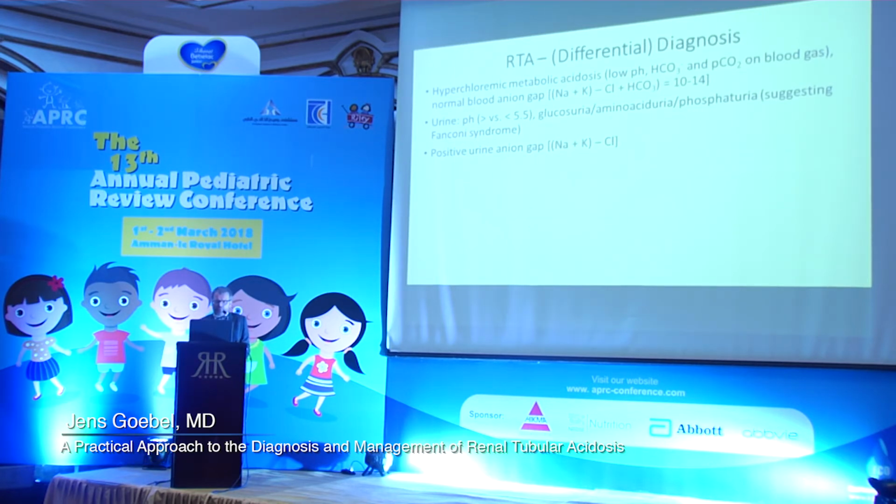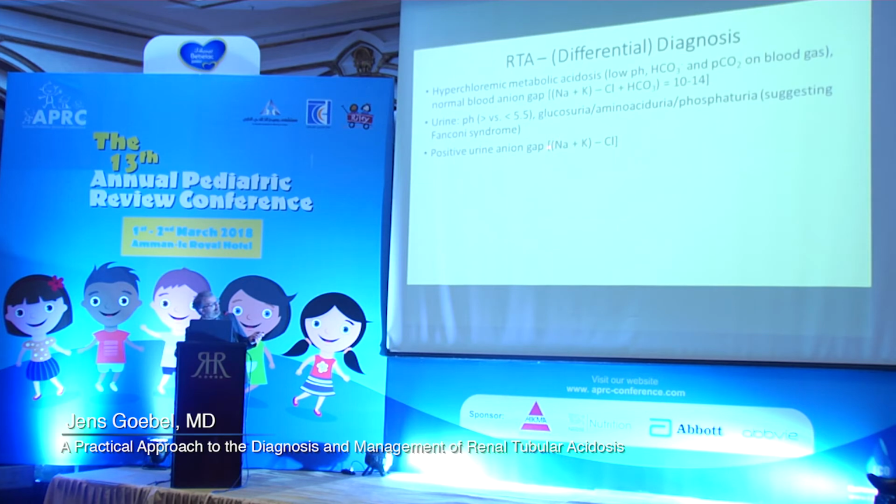The way you do this is by using the urine anion gap. The urine needs to have an equal amount of positive charges and negative charges. For a urine anion gap to be negative, meaning there is more chloride than the sum of sodium and potassium, there has to be some other positively charged ion in the urine, which happens to be ammonium that the distal tubules, if they're working, are secreting.